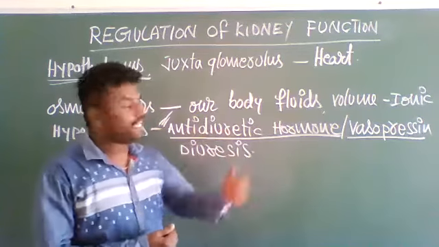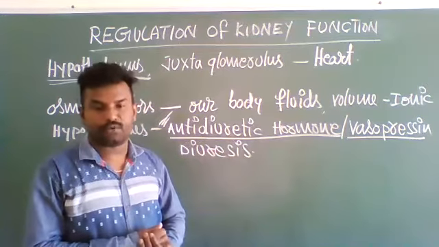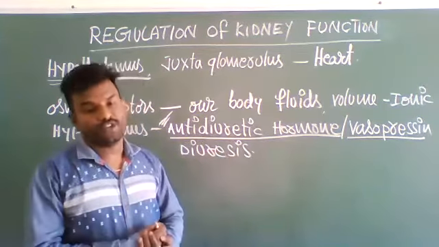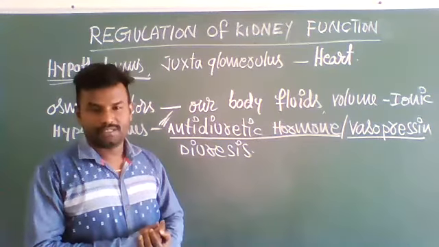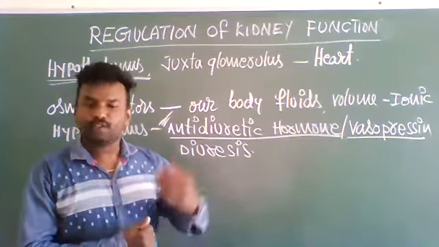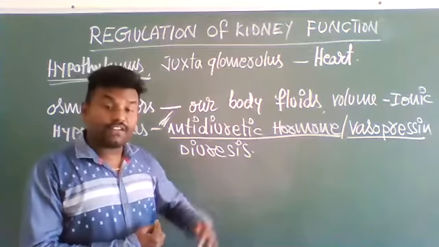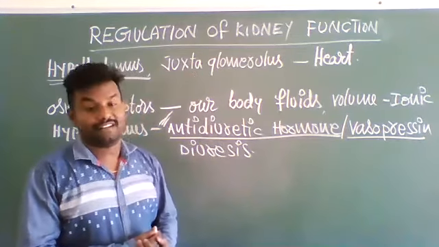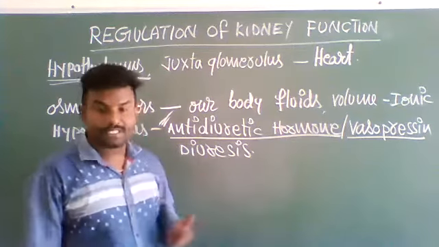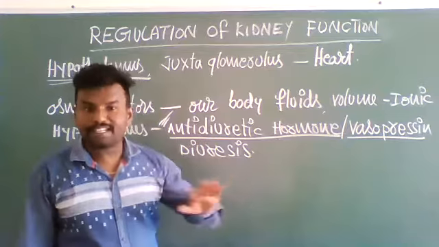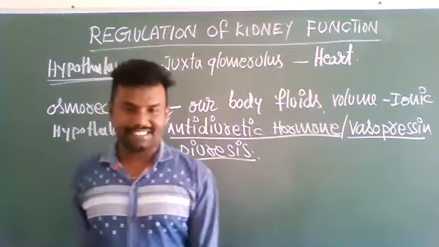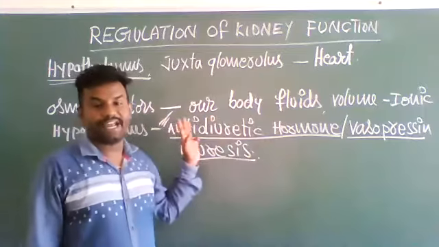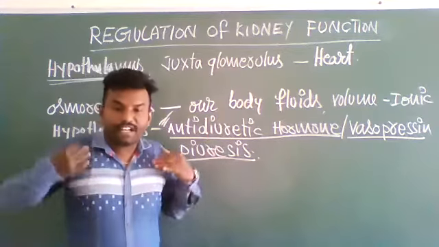Normally, it helps in reabsorption of water from the renal tubules and is involved in elimination of urine. When body fluids fall, it prevents the loss of water. That is the major function of antidiuretic hormone.